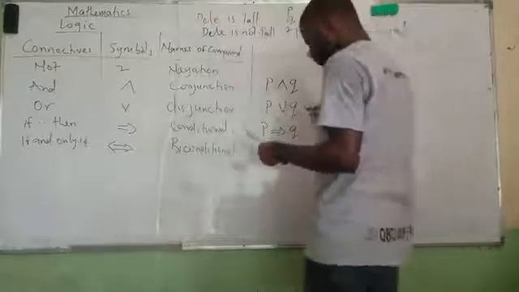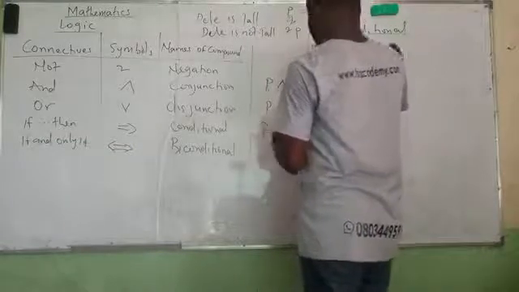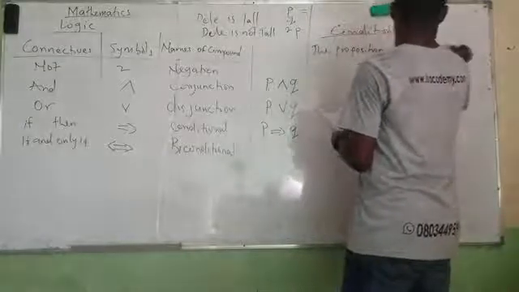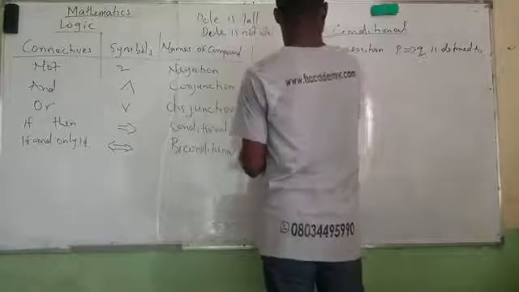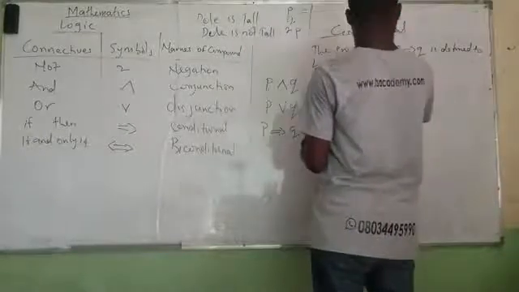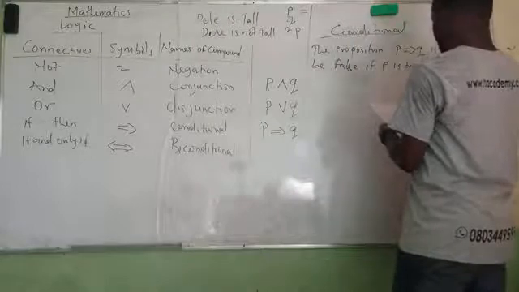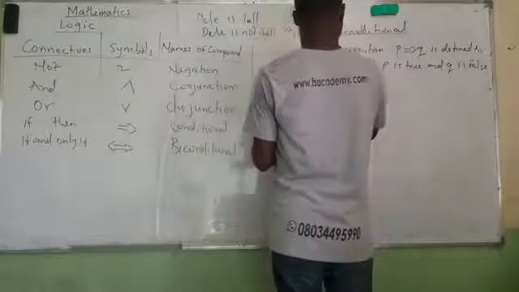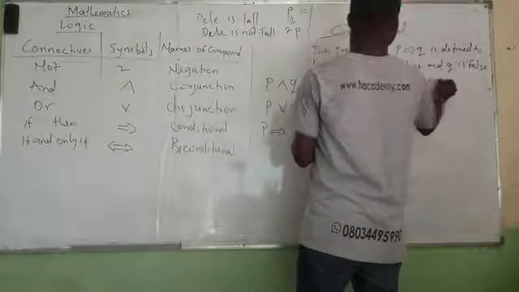Now, conditional: the proposition P implies Q is defined to be false if P is true and Q is false, and true in all other cases.